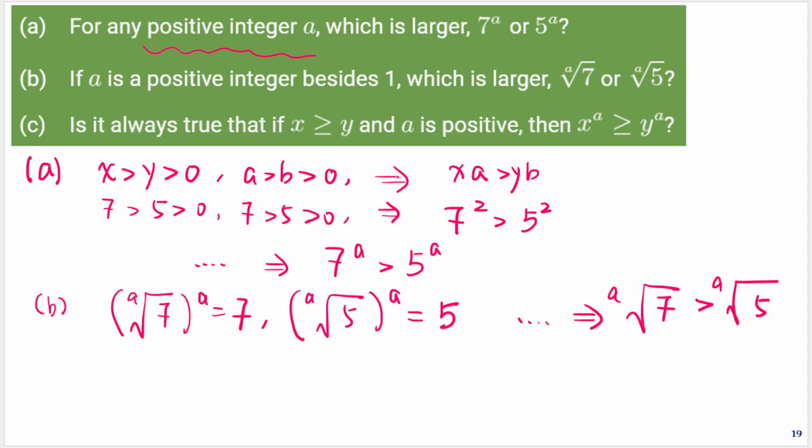I'll give you a hint. You need to consider cases where there are negative numbers. It does not say x or y are necessarily positive numbers, right?